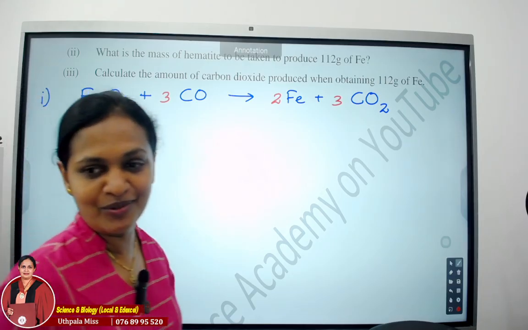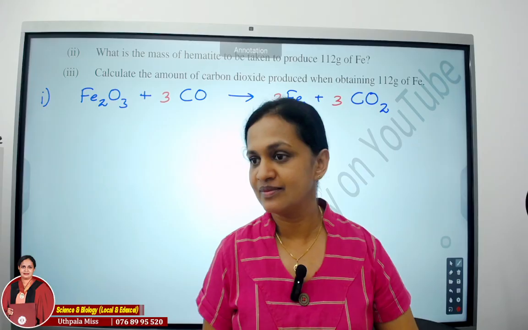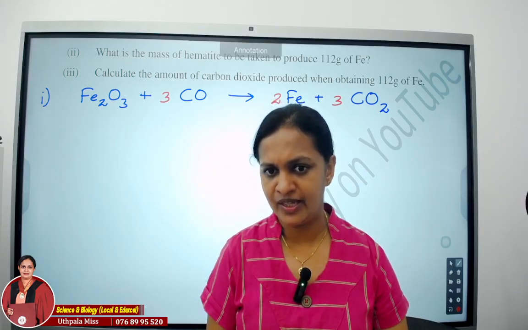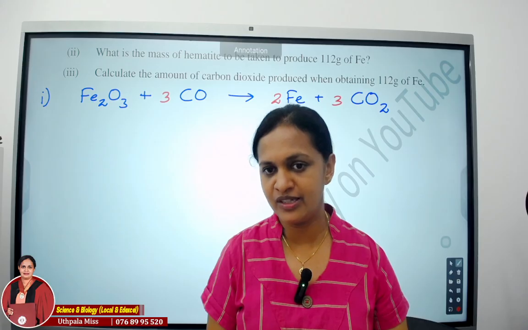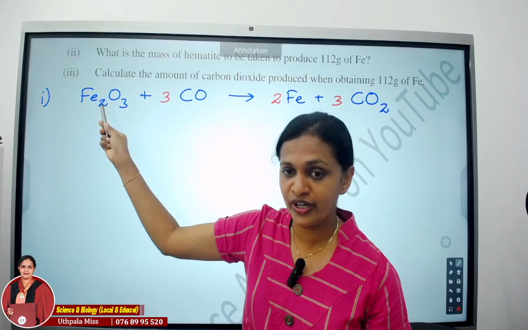Here you need the molar calculations. Yes? Fe2O3, then Fe becomes 4 and oxygen doubles. If I put 2 here, 2 into 2 is 4 Fe.